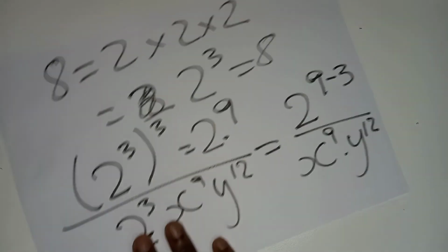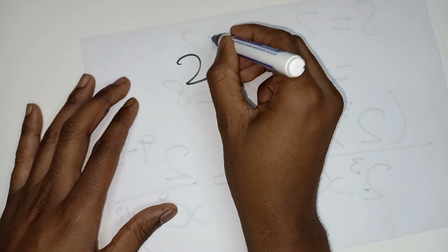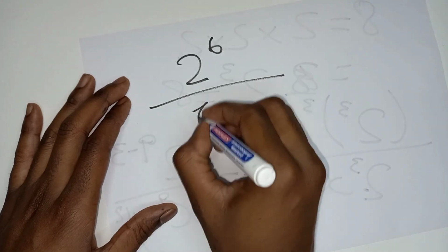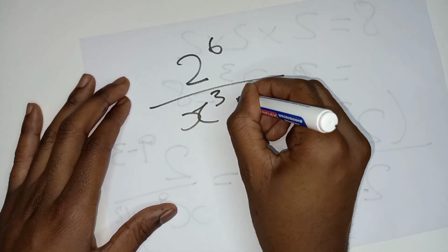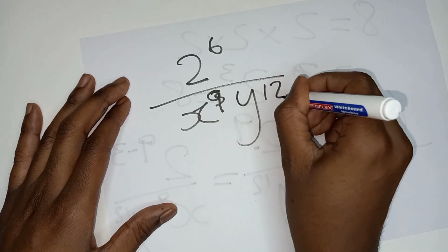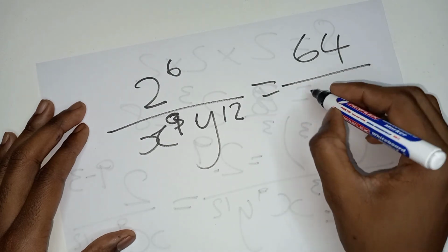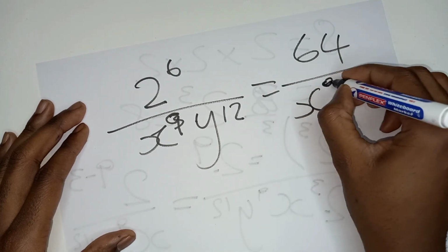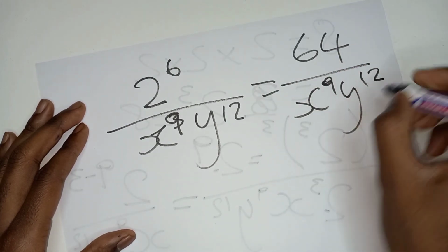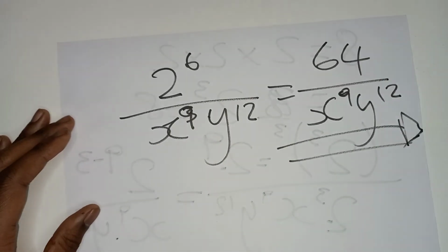You see that? And then I can simply simplify that, which becomes 2 to the exponent of 6 divided by x to the 9, y to the 12. And then 2 to the exponent of 6 is 64, over x to the 9, y to the 12, and this is your final answer.